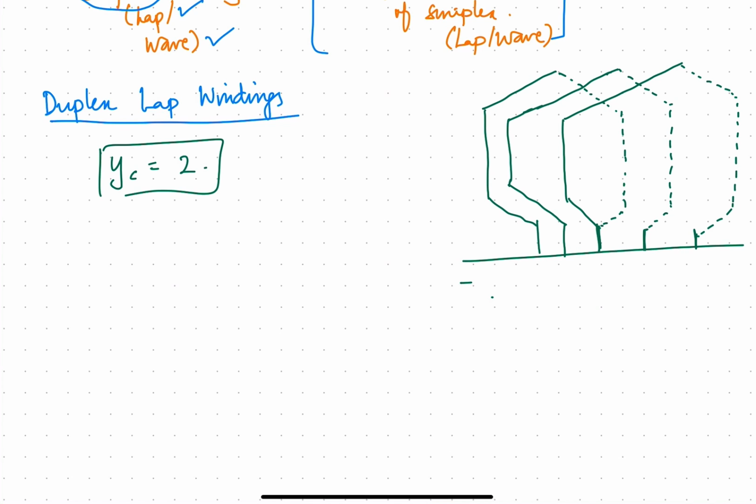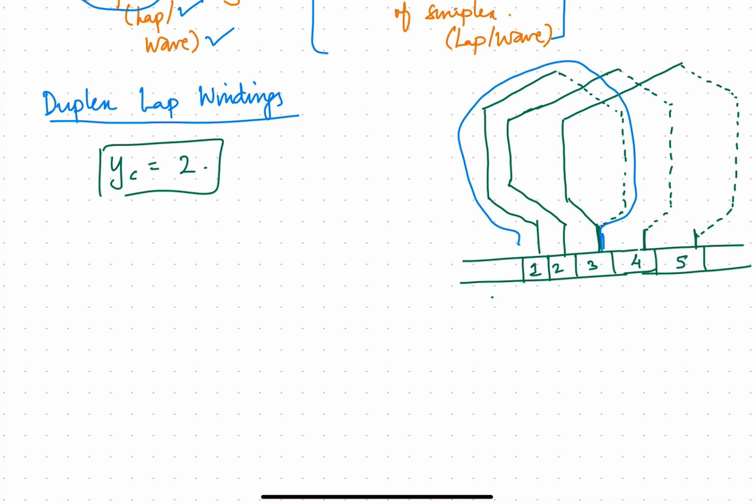So this is the way the coil sides are connected to the respective commutator segments. So this is 1 2 3 4 and 5. So if you see, the first coil side is connected like this, and this goes here and it is connected to commutator segment 3, and from this segment this is connected to commutator segment number 5.